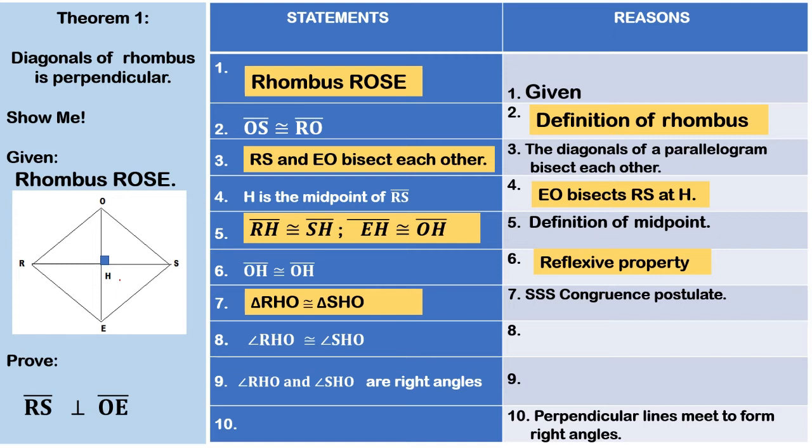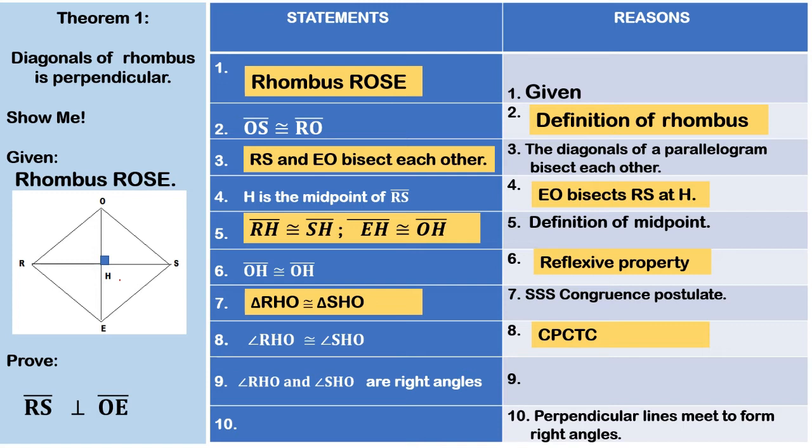If you are going to get another statement from the SSS congruence postulate, given that triangle RHO is congruent to triangle SHO, we have angle RHO is congruent to angle SHO by CPCTC. That means corresponding parts of congruent triangles are congruent. For the next statement, we have angle RHO and angle SHO are right angles. So why do we have this statement?